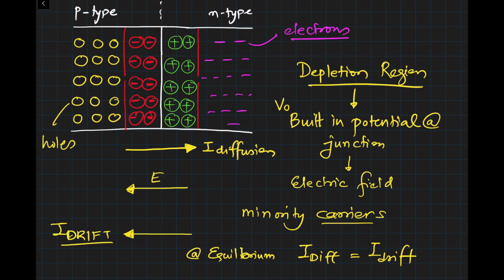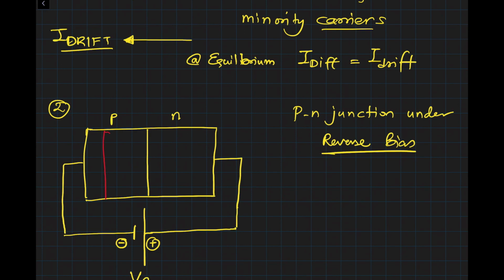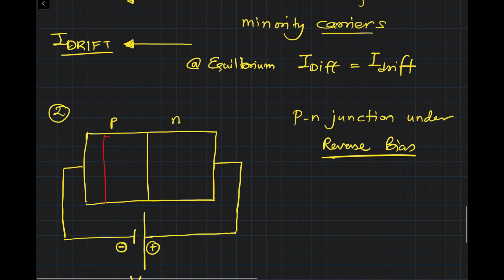Let's use a different color. This was our depletion region. Okay. Now by applying opposing potential, we would increase the depletion layer. The depletion region here will increase, and the depletion here on the N side also will increase.